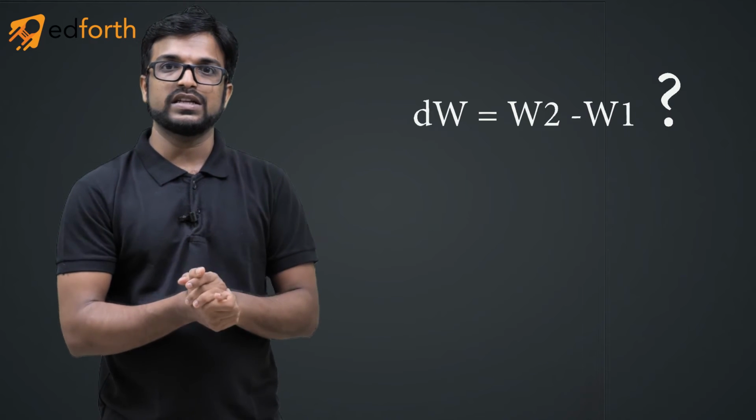According to context, it would be work transfer after the process minus work transfer before the process. It is meaningless to say work transfer before and after the process, right? Work transfer comes into the picture only during the process. So we cannot write dW is equal to W2 minus W1. It is meaningless.